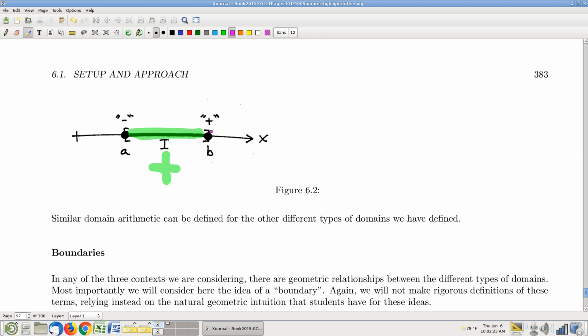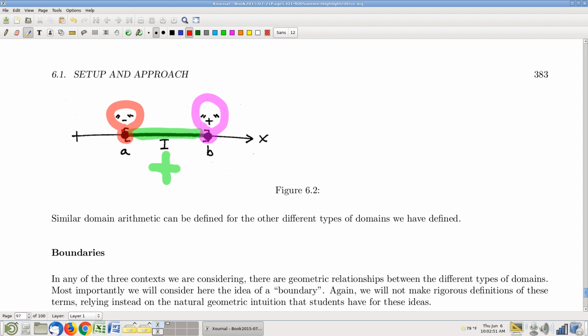The right endpoint is arbitrarily, but importantly, attached a positive orientation, and the left endpoint, arbitrarily but importantly, is attached with a negative orientation. So here we have an oriented domain, an interval, and it has now, because of these conventions, an oriented boundary.